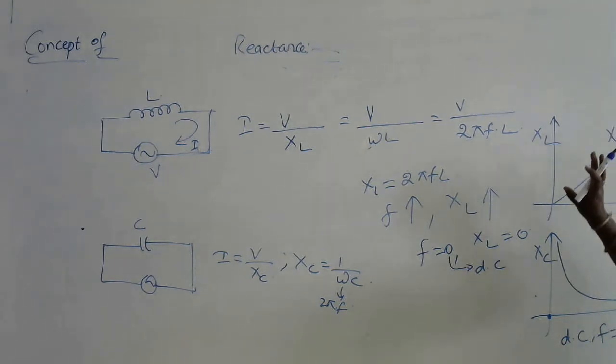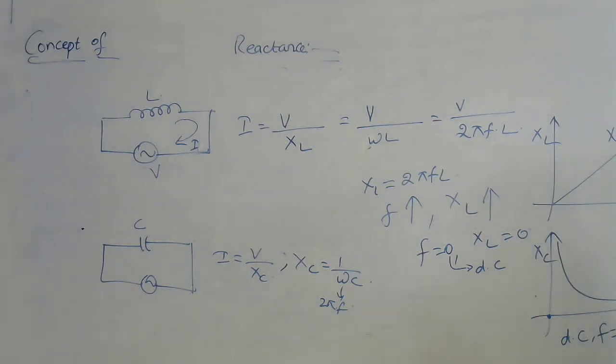I am just summarizing these points. If a circuit is purely resistor type, then it is called a resistive network. In a resistive network, the voltage and current will be in the same phase, so the power factor of a resistive circuit is 1 or unity. But if a circuit consists of a pure inductor or a pure capacitor, then such a circuit is called a reactive circuit.